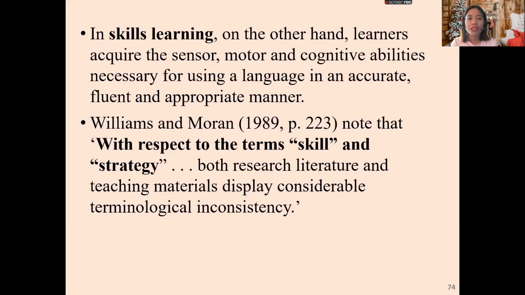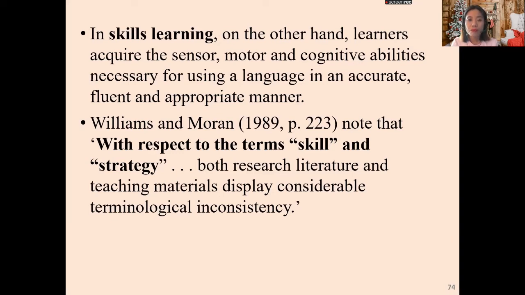Williams and Moran in 1989 note that with respect to the terms skill and strategy, we will be looking into both research literature and at the same time the teaching materials as having considerable terminological inconsistency.